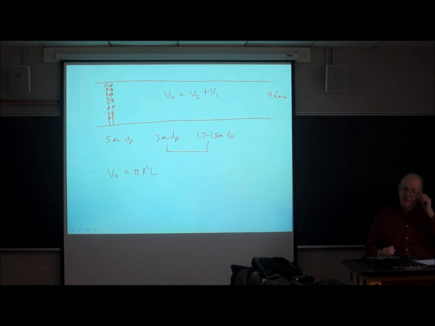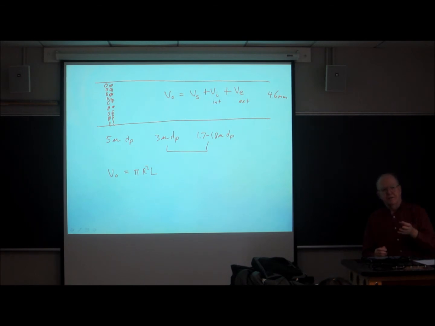That's called the internal volume of the particle. And then we have to include the volume outside the particle. And that's called V sub E. So this is the internal volume, and this is the external volume. And there will be fluid in both of those volume elements.